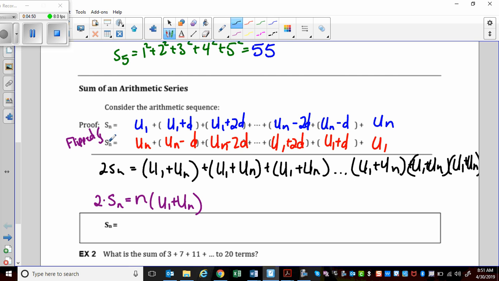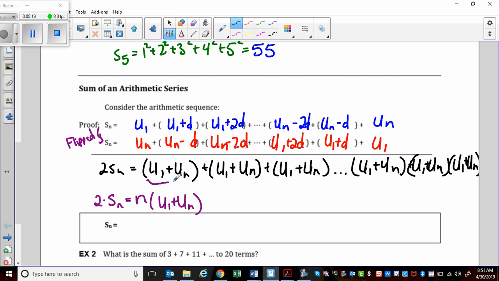S sub n plus S sub n is 2 times S sub n equals, and then when we add this, U sub 1 plus U sub n plus, when we add these, the d's go away, and we still have U sub 1 plus U sub n. And then when we add 2d plus negative 2d, these go away, and they're all U sub 1 plus U sub n, all of them.